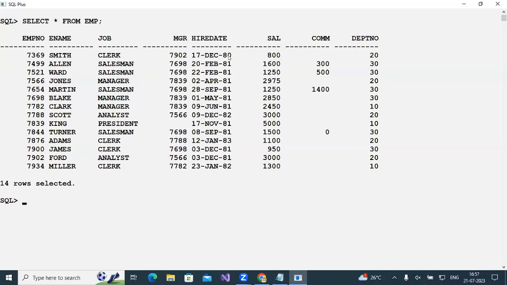So we call it nested. But as of now, we didn't see nested queries. That nested query mechanism is called subqueries.